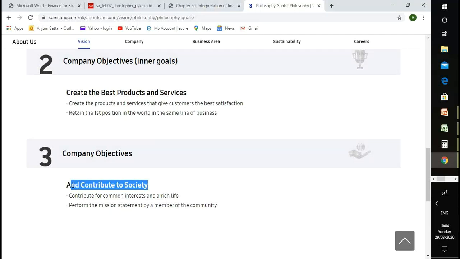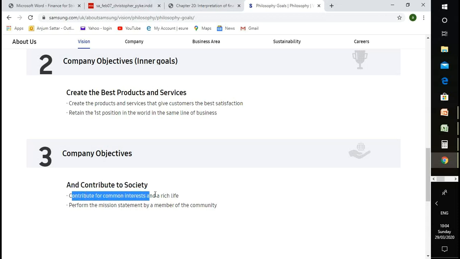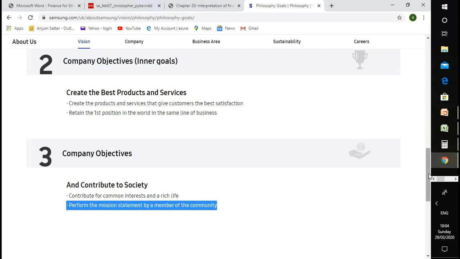So we need to look at what they are contributing to society. Is it just technology, or are they helping, investing in charities and other community work? Contribute to common interest, a rich life, perform the mission statement as a member of the community.